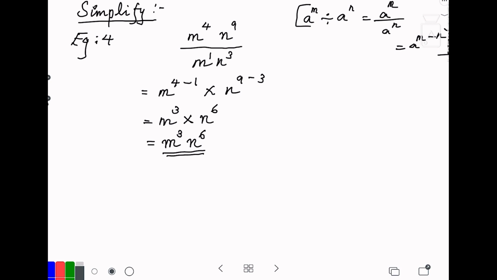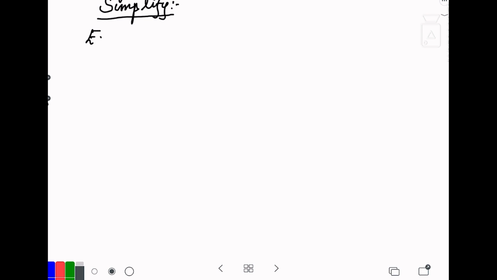Let us continue the simplification part of the indices, algebraic indices, with further complex things. Of course, I am going to introduce you to some 3 terms or something like that. Let's take one example problem from there. This time, I would like to show you how to do this when multiple terms are involved like this.